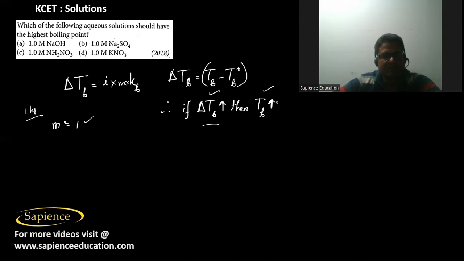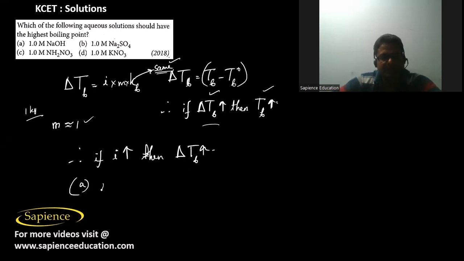So the molality will be approximately the same, 1 only. And Kb will also be the same for all four solutions, since Kb is used for the pure solvent only. So if the Van't Hoff factor i value is higher, then only the elevation in boiling point will be higher.